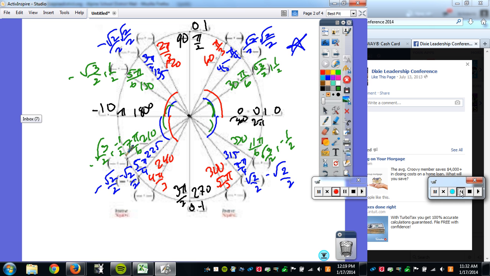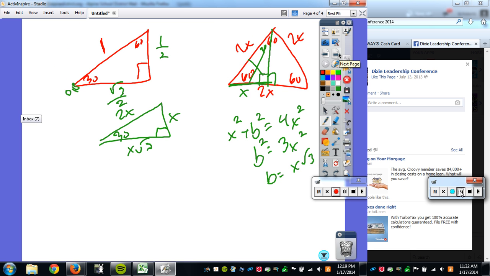Okay? Alright, now we got this guy. Well, isn't he just basically this triangle right here, but just flipped? Instead of this being 60, this guy's down here. Right? So it looks like this more. So notice this is still 1, so the side opposite is still a half, and the opposite of this would be root 3 over 2.